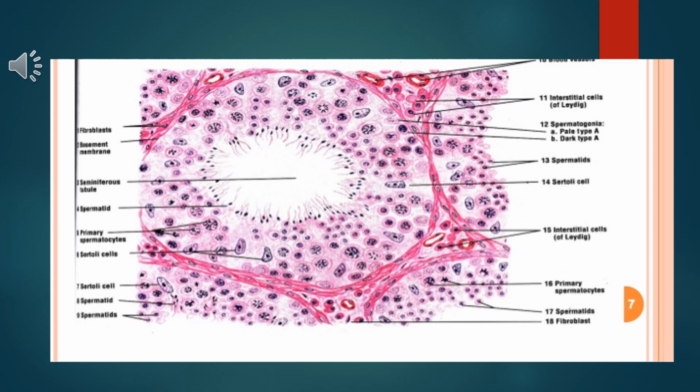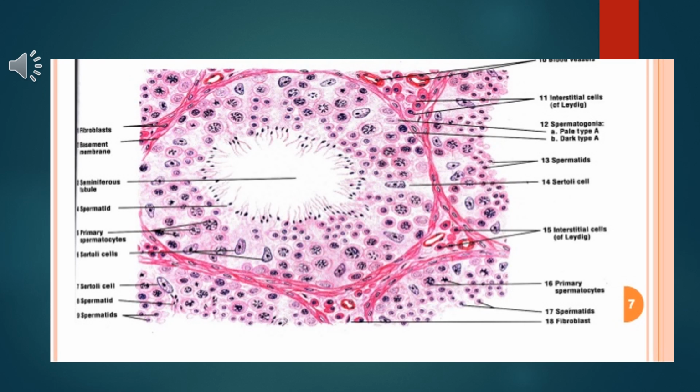You have to remember that when you draw towards the lumen, the cell number will increase. That is, from one spermatogonia, finally you are getting 4 spermatids and sperms. So the cell population will be more toward the lumen.